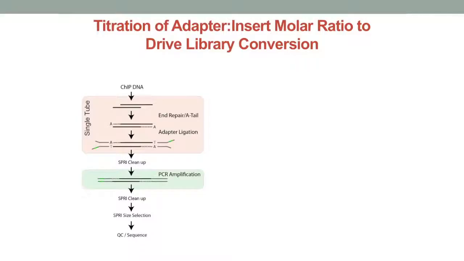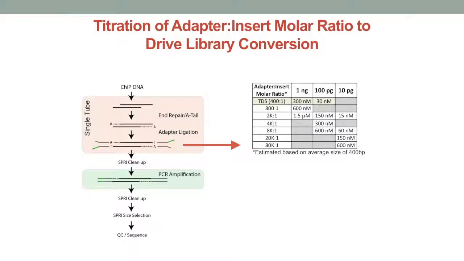If we look now at our sequencing prep protocol, we decided to take 1 nanogram, which is the minimum requirement the kit recommends, and titrate down to 100 picograms and 10 picograms. The way we're going to optimize the assay is by focusing on the adapter ligation step. So we devised this matrix where we would increase the amount of adapters to see if we can drive conversion efficiency, or the amount of adapter-ligated library, at the 1 nanogram, 100 picogram, and 10 picogram inputs at these different concentrations of adapters.